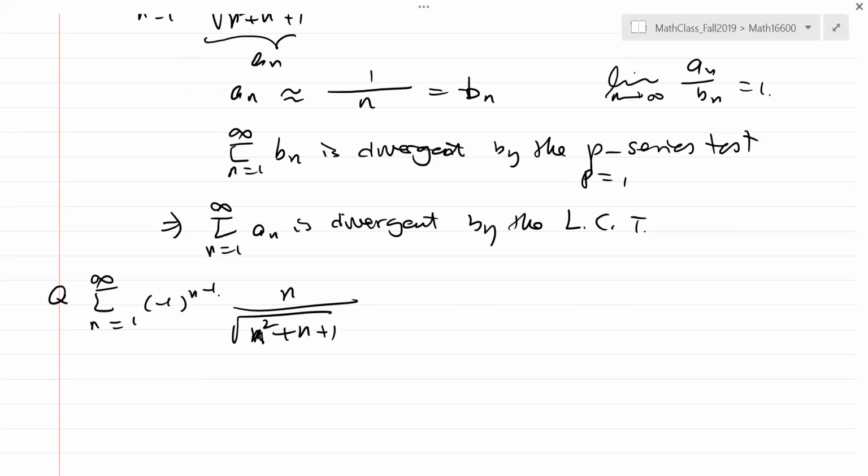Still divergent? Which test can you use? Don't need to care about detail. You can say that a_n is still 1 as n goes to infinity.